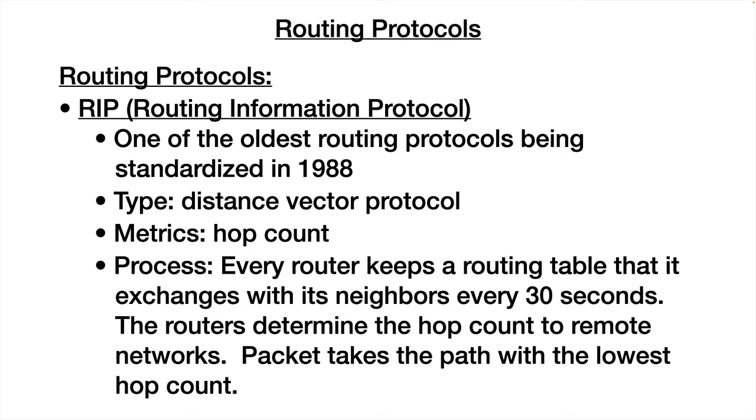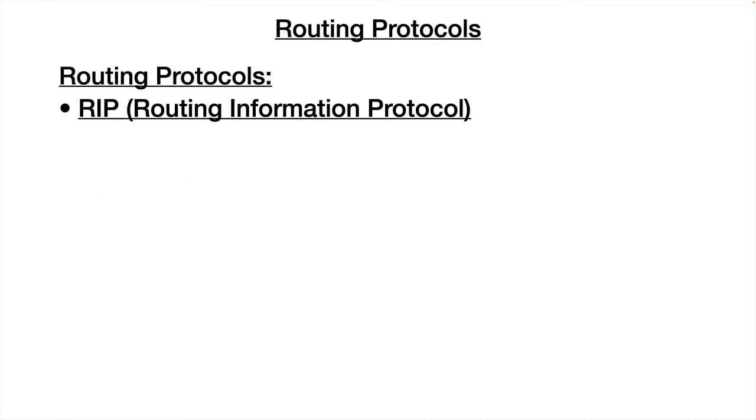So it is able to come up with a representation of the network. How many hops does it take to get to some destination network? And then the packet takes the path with the lowest hop count, which is not always true, but the assumption is that will be the fastest path because it is the shortest.